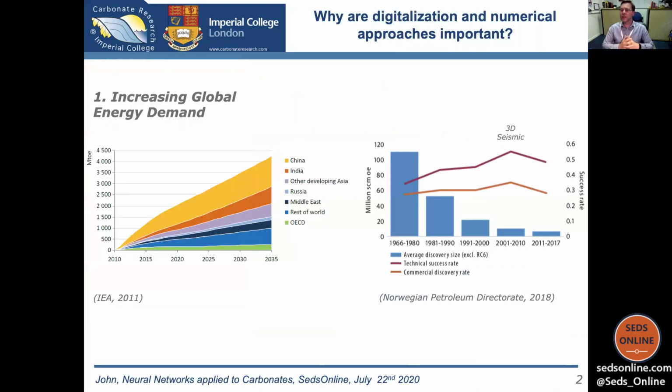Why are digitalization and numerical approaches important in sedimentology? Why is there so much noise about this? Well, there are many ways to answer that question. One of them is to look at the energy sector. What is very clear is that the demand for energy has been increasing over the last 15 years.